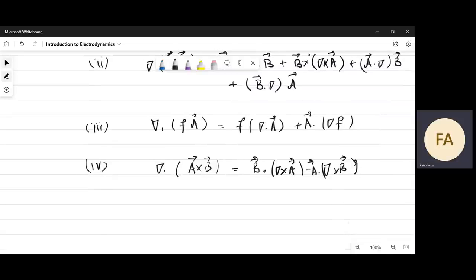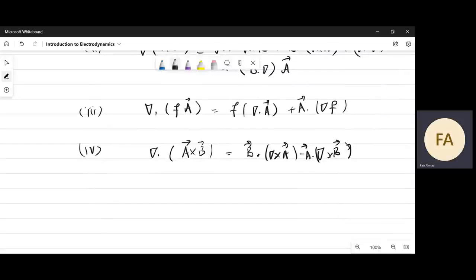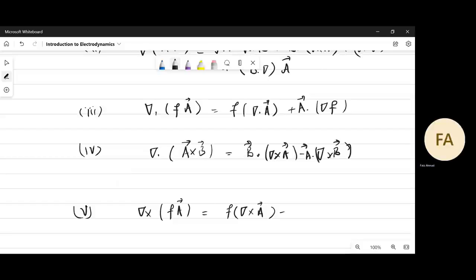Similarly, we have two products for the cross. We have del cross fA, which is f del cross A minus A cross del f.